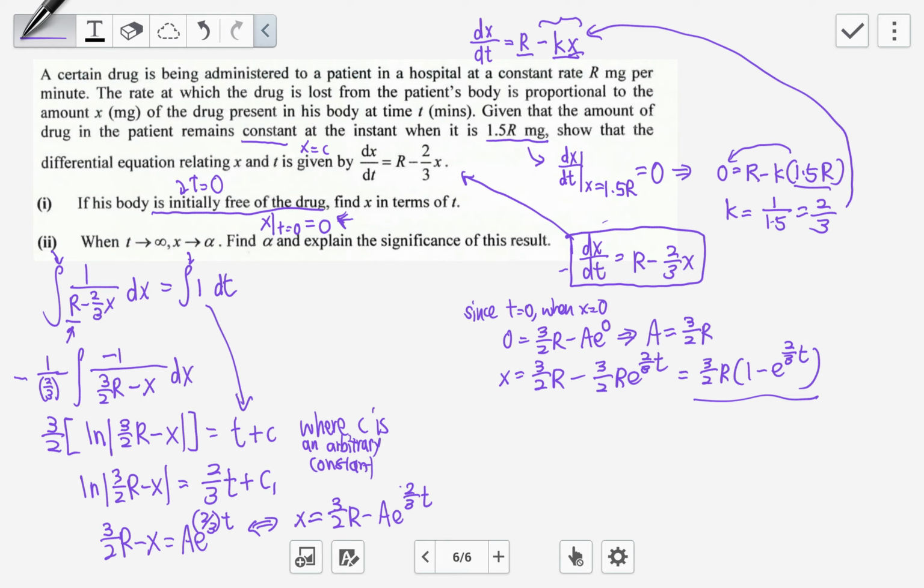Okay, so when I integrate this r minus 2/3 x, I bring it over and integrate it on both sides. Yes, this is t plus c, this is ln.